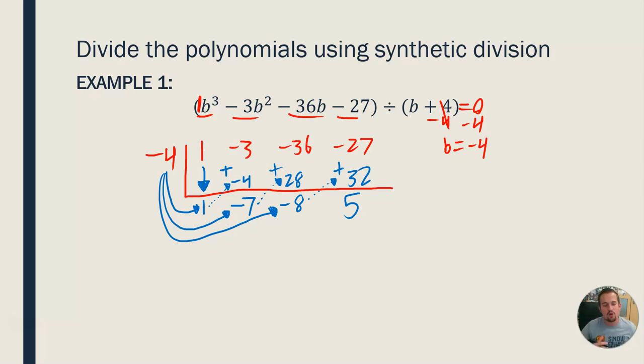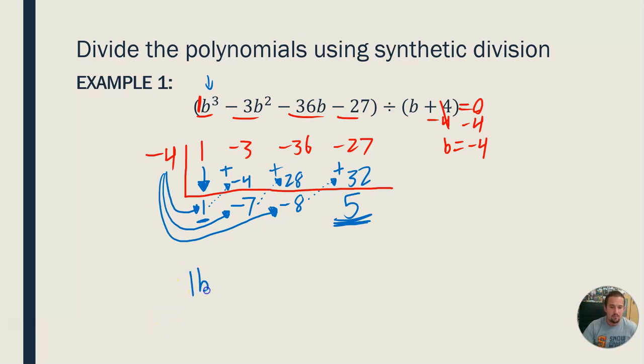Kind of. I have the coefficients for my resulting polynomial, and I have a remainder. Here's my remainder. Since I started with a cubic polynomial, my answer is going to be a quadratic polynomial. So this first number, 1, is going to be the coefficient in front of the quadratic term.